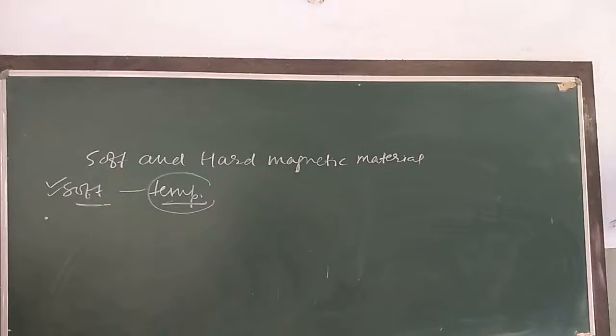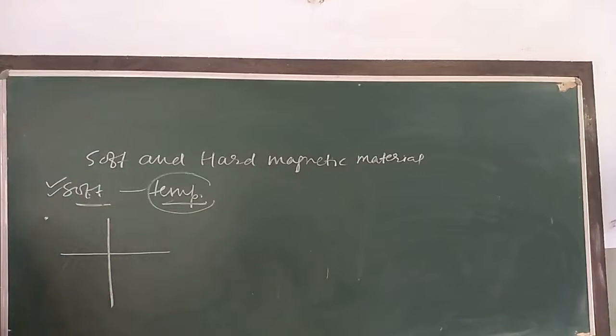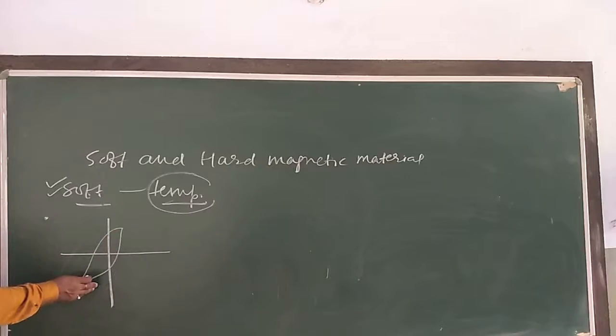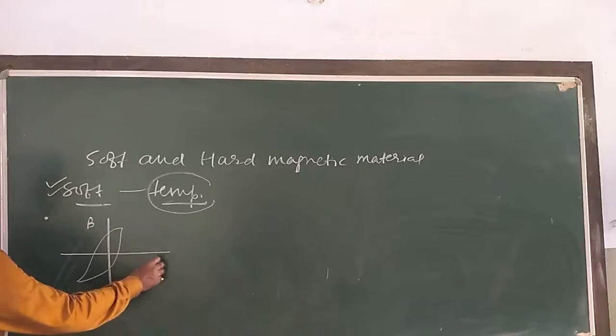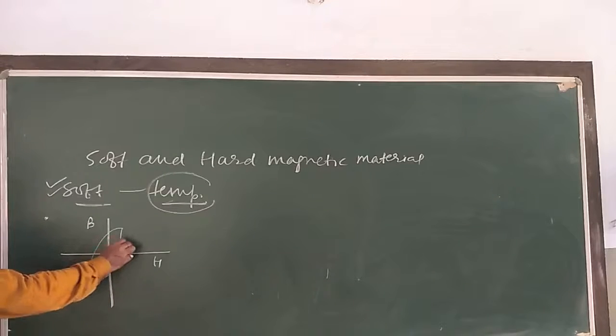Then we have to see another material. These materials have high retentivity and high coercivity. If I draw a diagram in this manner, for soft magnetic material the area of this curve is small, like this.